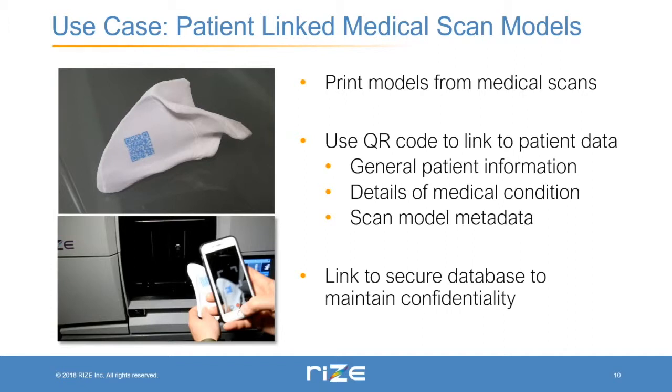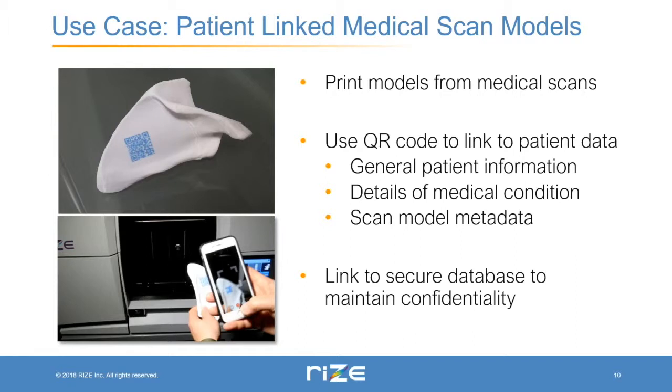And here is one other use case for 3D printing QR code technology. So for a variety of different medical reasons, doctors will use MRIs and CAT scans to model the bones and other organs of their patients.